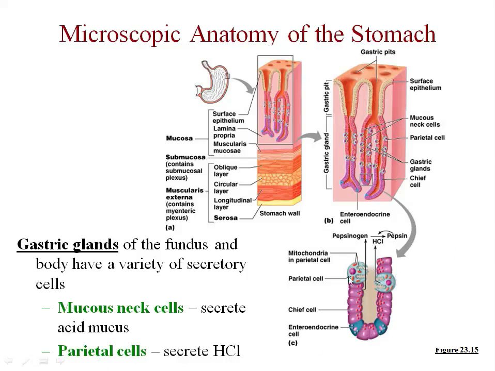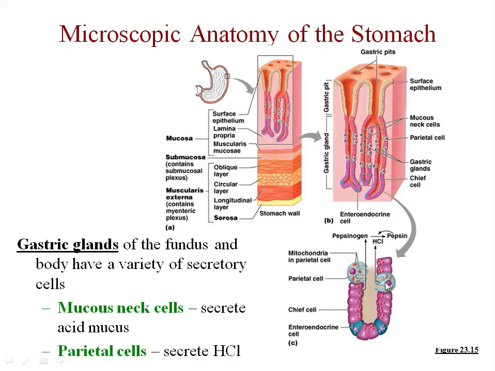Now we'll see here, again the enlarged portion from the base of these gastric glands. So what is there? These violet cells are the chief cells. These blue cells are the enteroendocrine cells, and these light blue cells are the parietal cells. You can see a lot of mitochondria in the parietal cells.